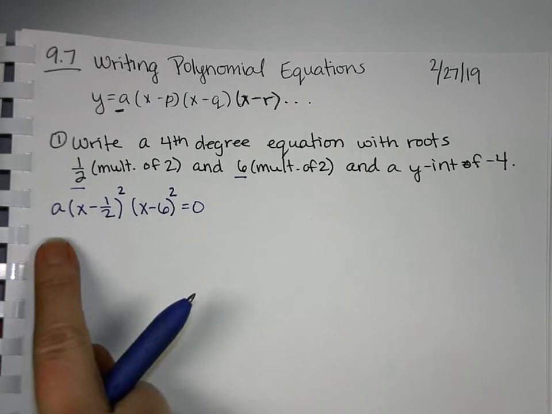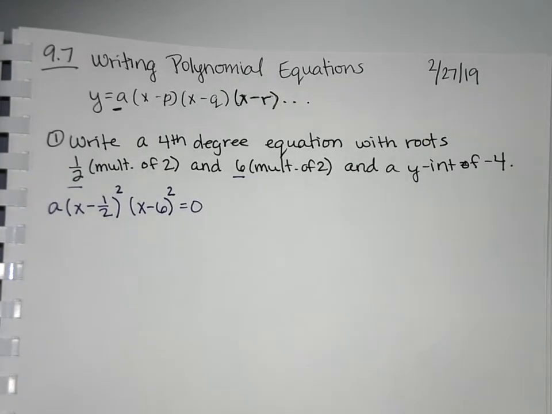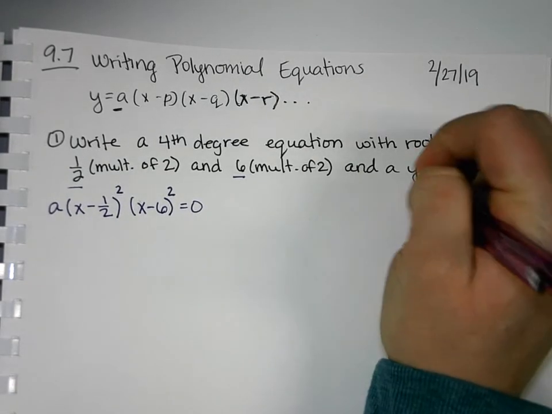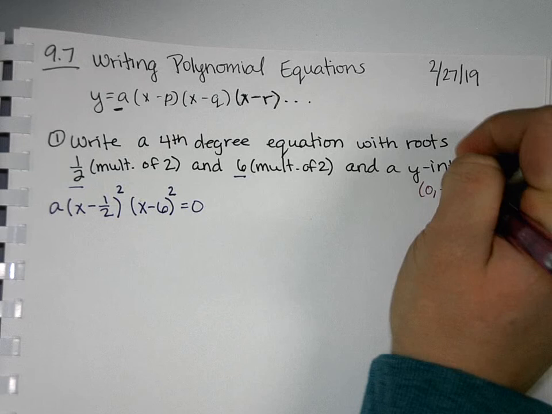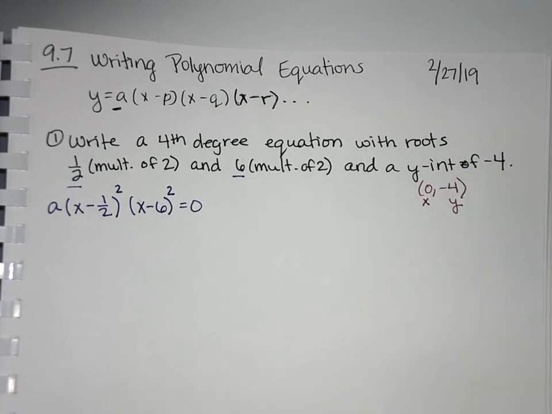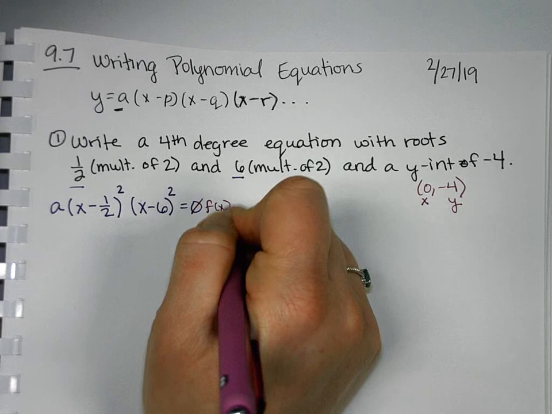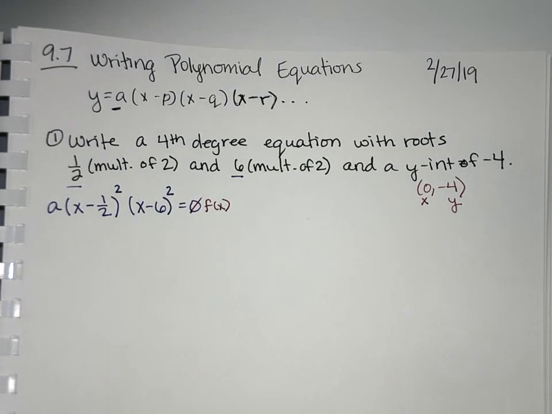To figure out a, we use this y-intercept. Our y-intercept is (0, -4). If this is x and this is y, we can plug into our equation by changing this to f of x or y. We can plug in x and y to solve for a.